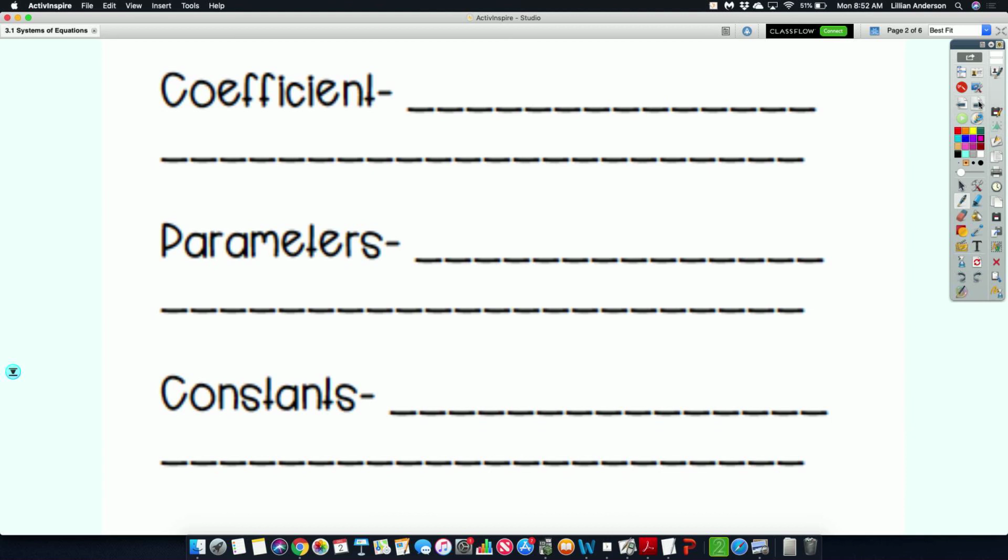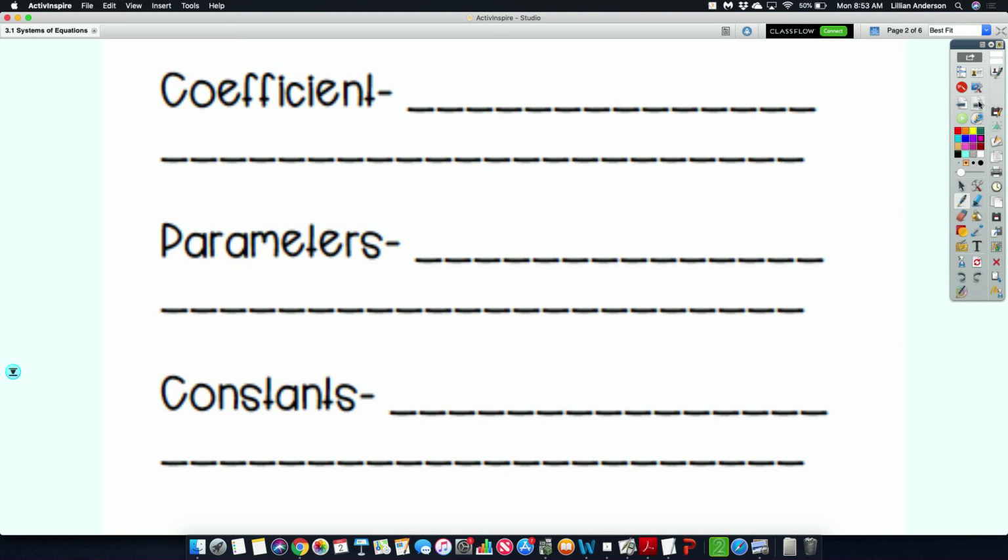But to start, let's make sure that we know all the pieces that consist of a system of equations. All these words, maybe parameters might be a new word for you, but the other 2 words should be familiar in your math vernacular. So coefficients. The number before a variable. I like that definition.